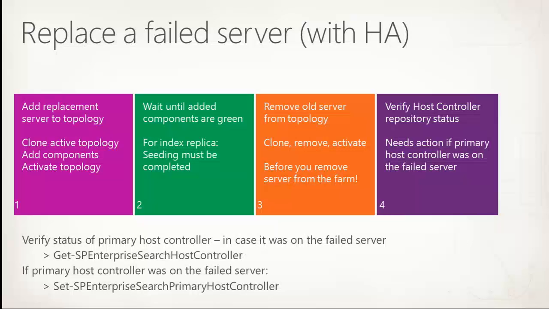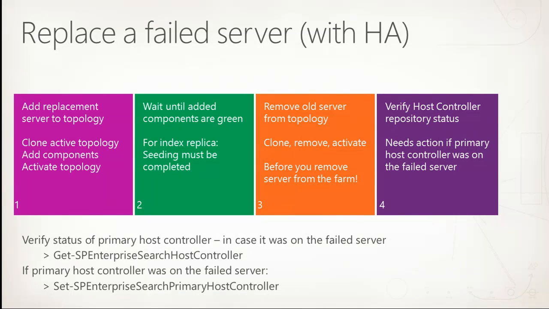They are still there. The only thing that happens until you get a replacement for the primary host controller is that you don't get any new dictionaries deployed. So it's not a big problem. You just need to be aware of it and do it. And if you forget it, then you will get into problems over time.